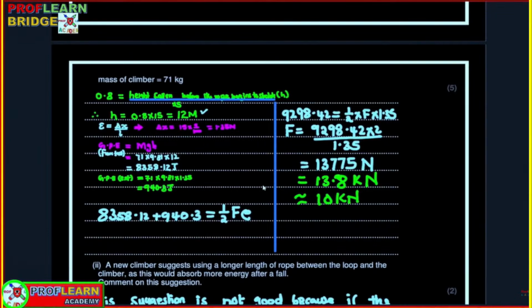The concept used here is that gravitational potential energy will be converted to elastic potential energy.